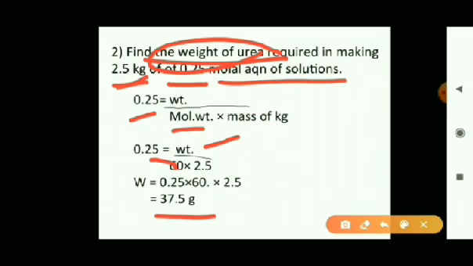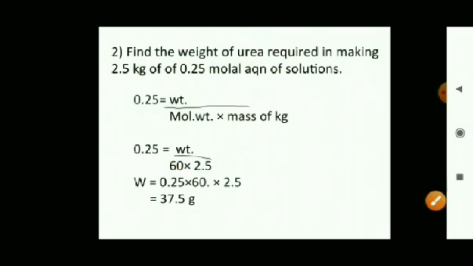Weight of urea, which has to be added to make the aqueous solution. So 37.5 gram of urea will be added. Understood how to find it? This was a question given in the NCERT textbook, page number 39. You can see.